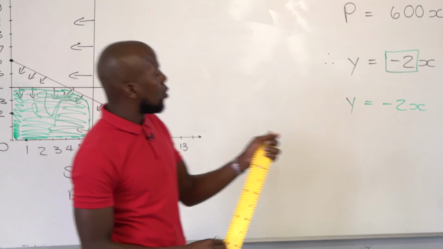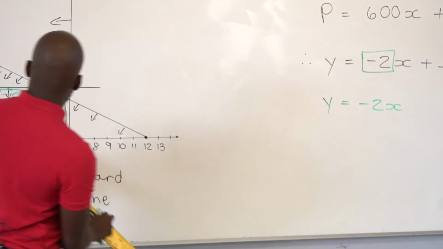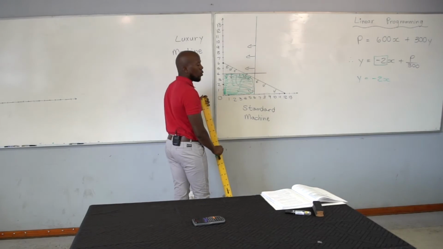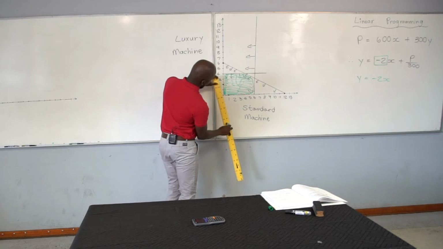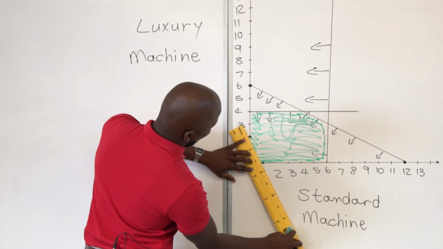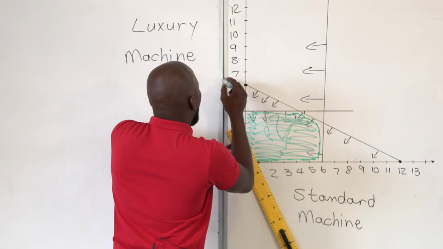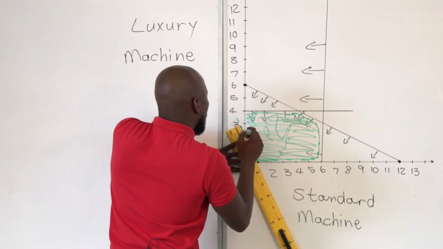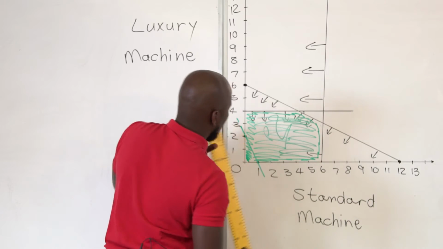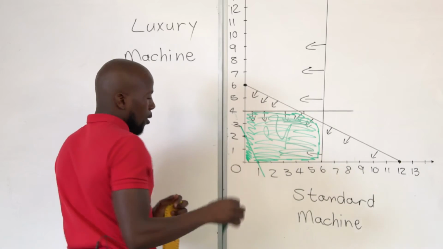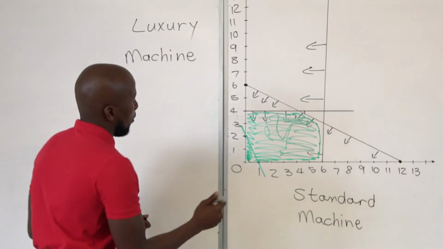Then it will allow you to see what clearly is the gradient and how exactly to go about sketching it on your graph. I already know that 1 will correspond to 2 in this case. I'll use my ruler to sketch this particular line. This line now is what we will call the search line.